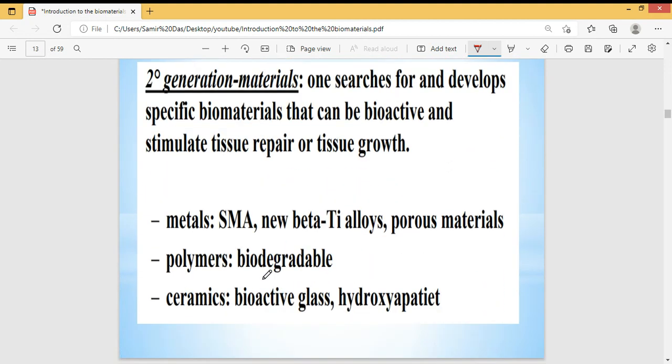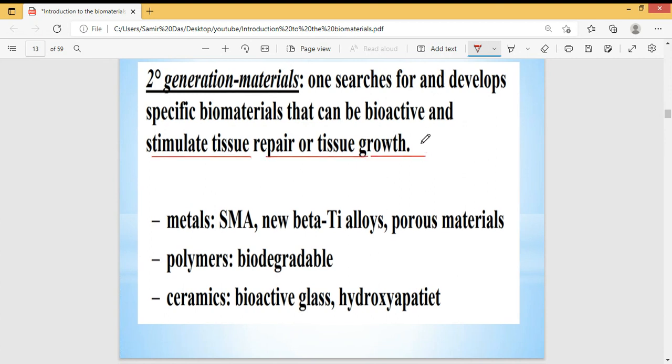Coming to the second generation biomaterials, they are mostly bioactive in nature and stimulate tissue repair and tissue growth. For metals, there are new beta titanium alloys, porous stainless steel, or titanium based implants.